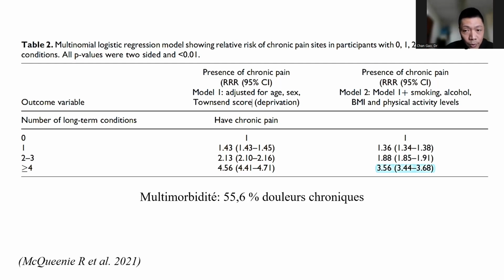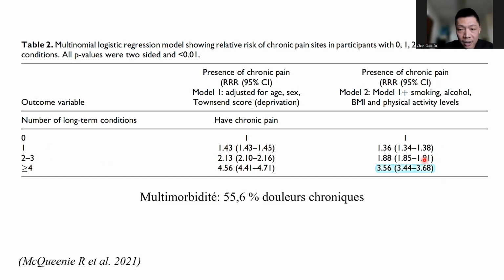Model 2 controlled for age, sex, Townsend deprivation score, smoking status, alcohol intake, BMI, and physical activity. You can see there's a dose-dependent relationship between chronic pain and the count of long-term conditions.